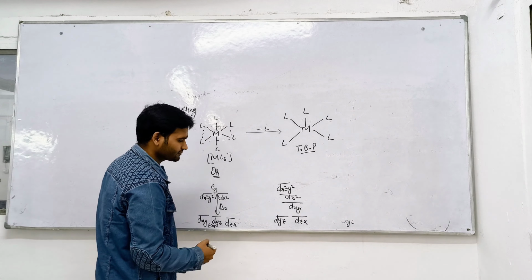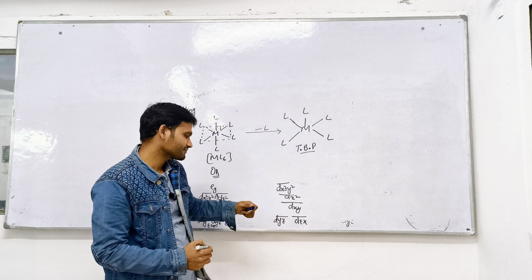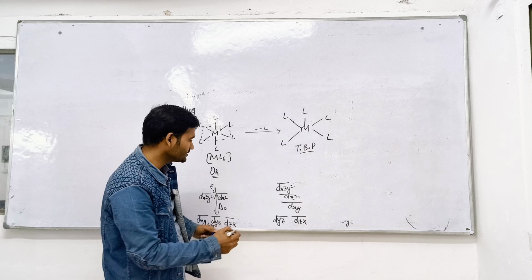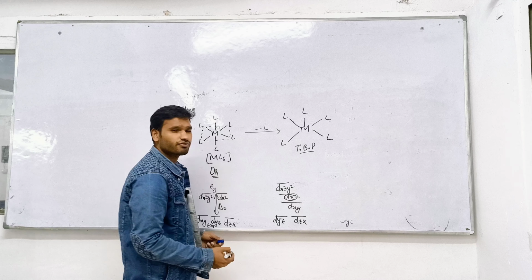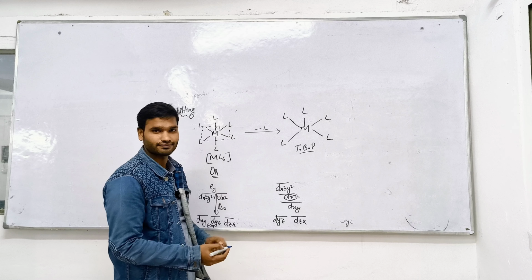It will be like this. In the z direction you can see the energy becomes less, which means dz square is more free, so it has less energy as compared to xy.